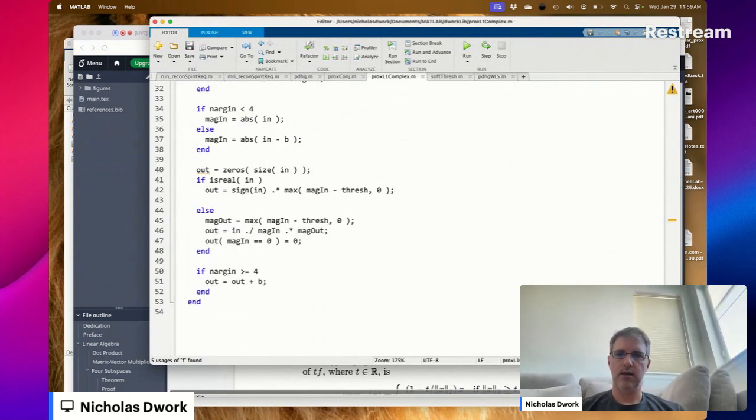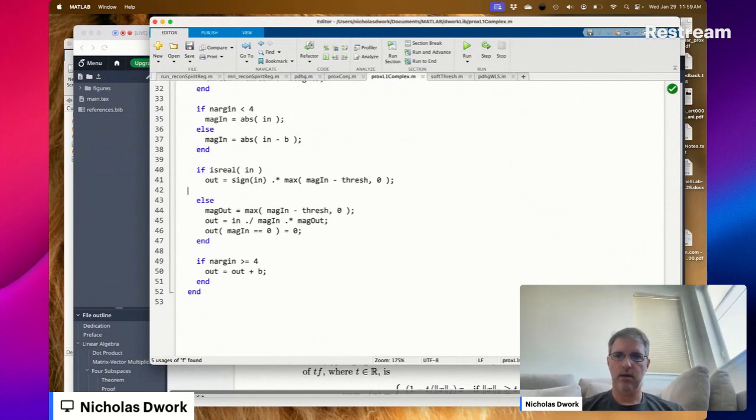Okay. Now, it also doesn't matter if thresh is a scalar or a vector here.